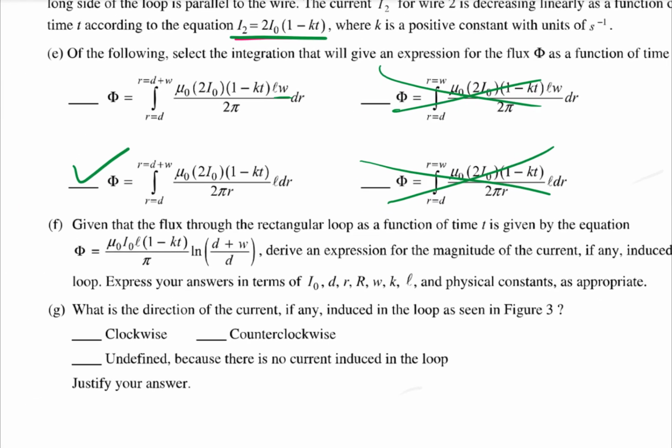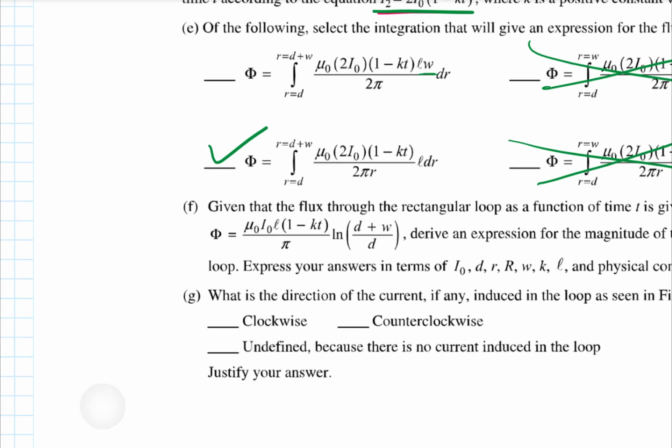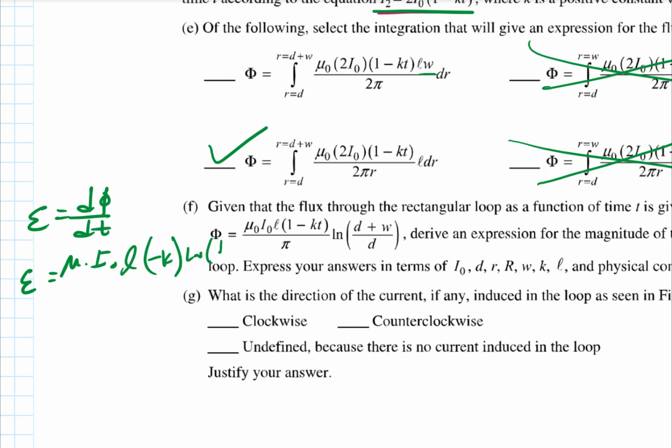So what we have to do is take the time derivative of the flux. So the EMF is the change in flux over change in time. And then we're going to divide that by the resistance that's given. Looking here, the only thing that changes in time is this piece. So my EMF is going to be mu0 I0 L, and then that thing, when we take the derivative, just gives me negative k times the natural log of (d plus w) over d.